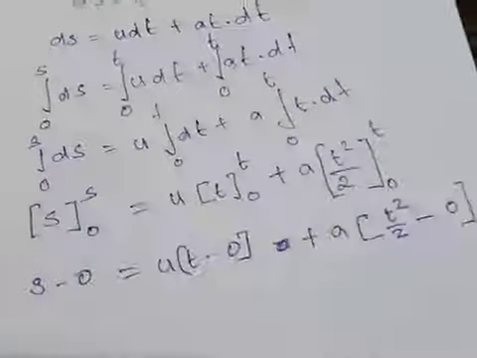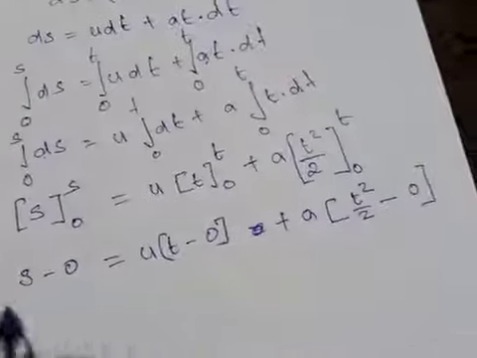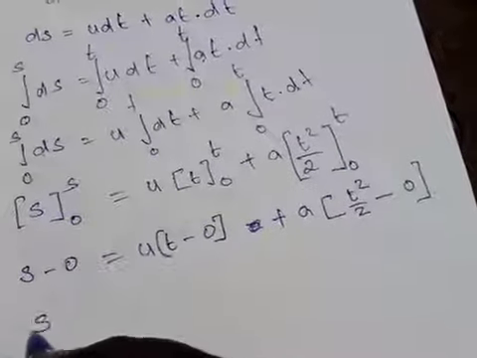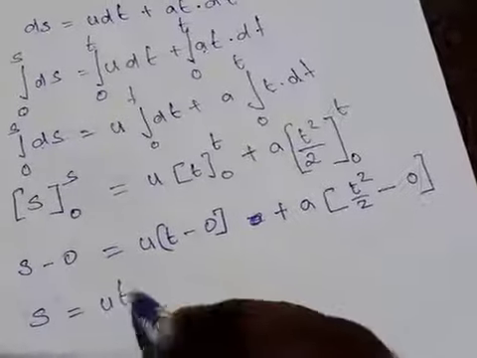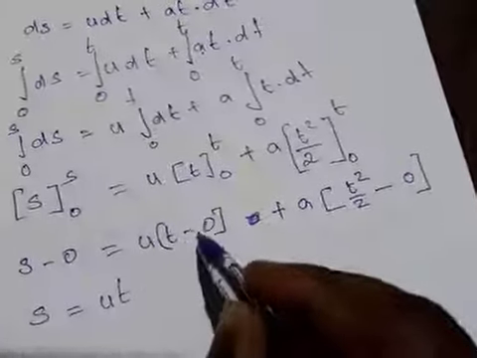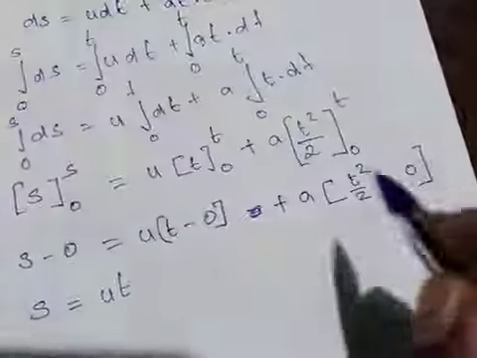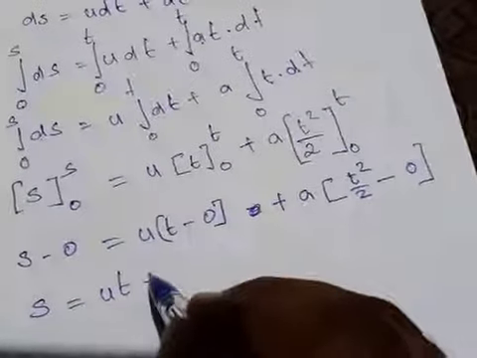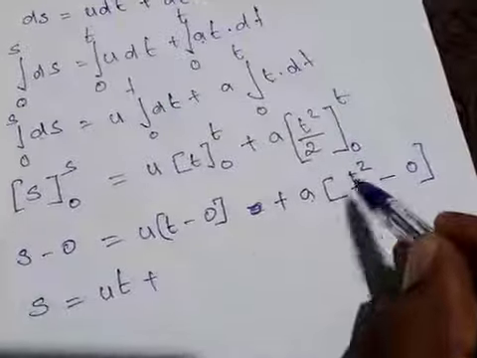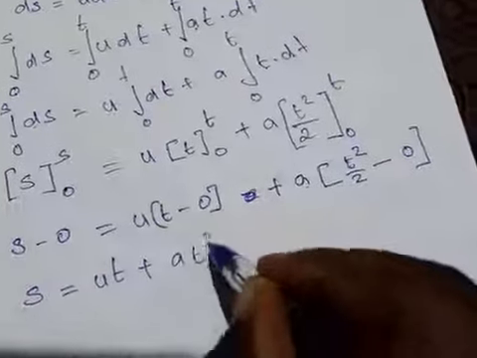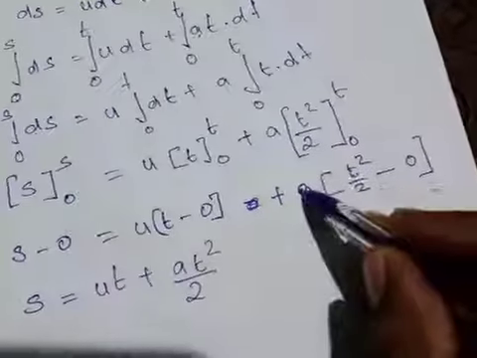So 0 by 2 is 0 only. So s minus 0 is s, equal to u into t, ut; u times 0 is 0, so no need. Plus a into t square by 2, then a into 0 is 0, so leave that.